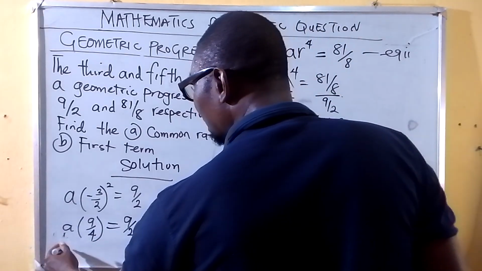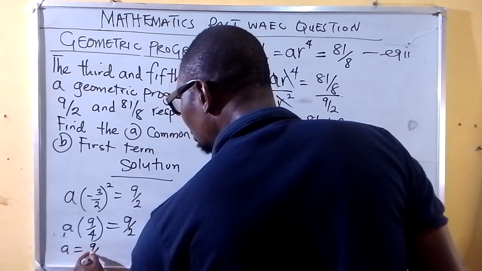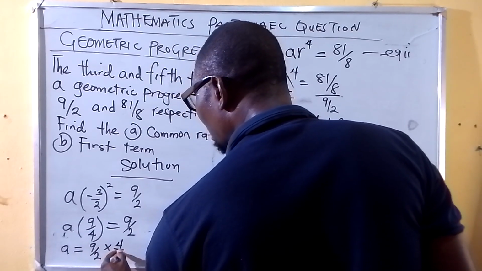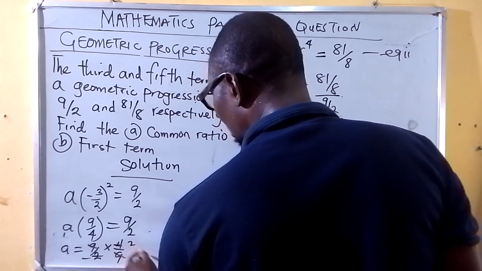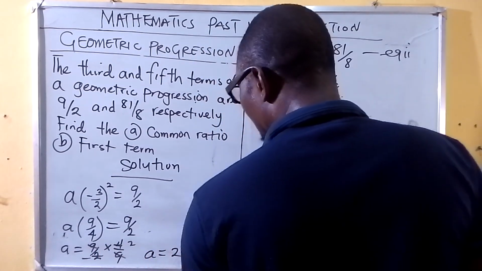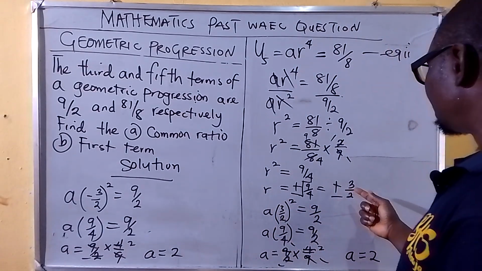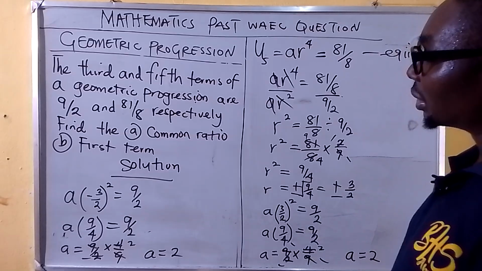So at this point, A will be 9 over 2 times 4 over 9. This will cancel this, and we have 2. Therefore, our A is equal to 2 when R is positive 3 over 2 or negative 3 over 2.